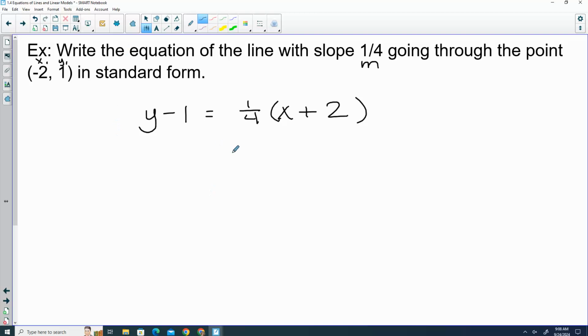Alright, so if we distribute, y minus 1 equals 1/4 x plus 1/4 times 2, which is 1/2.